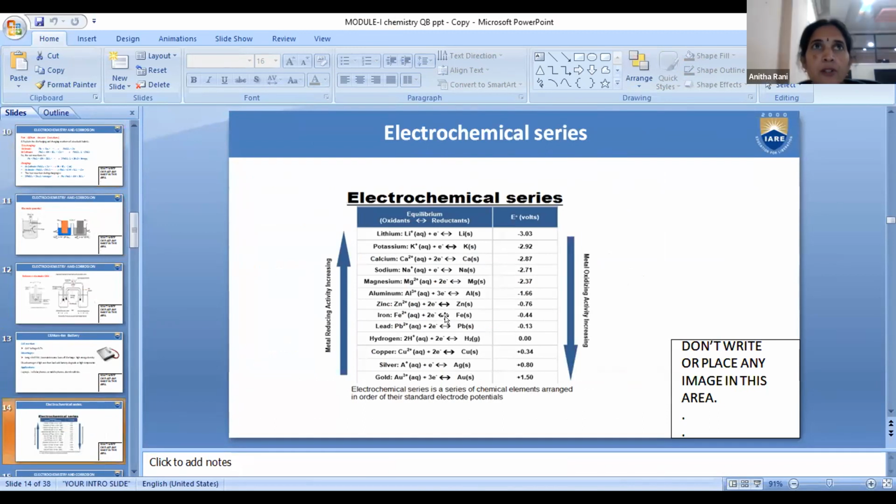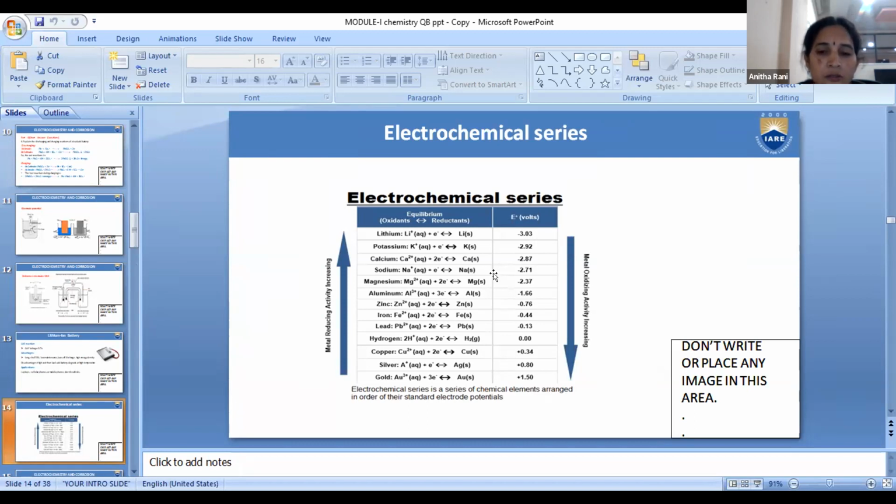So we will be able to know which metal is undergoing oxidation and which metal is undergoing reduction, by knowing their electrode potential values.